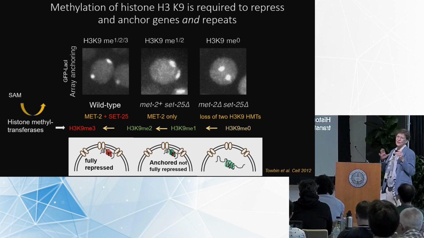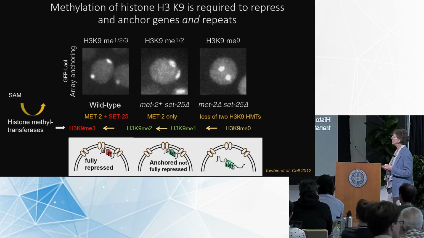So we knocked out pairwise dozens of histone methyltransferases, and two of them, when they were knocked out together, caused delocalization and de-repression of these heterochromatic repeats that were at the embryonic nucleus periphery. So a MET set, this is the loss of two H3K9 HMTs.